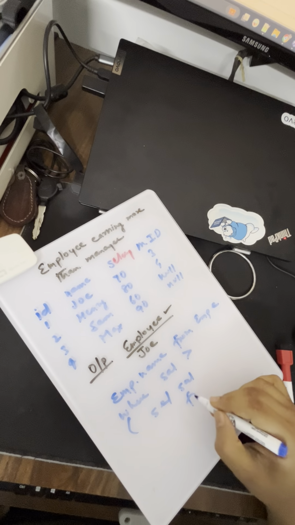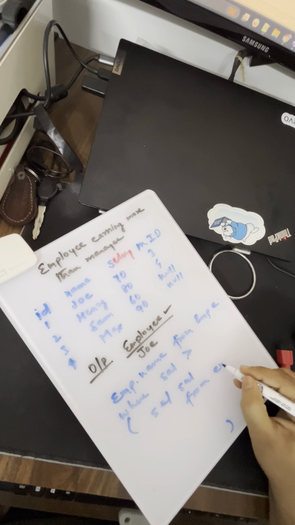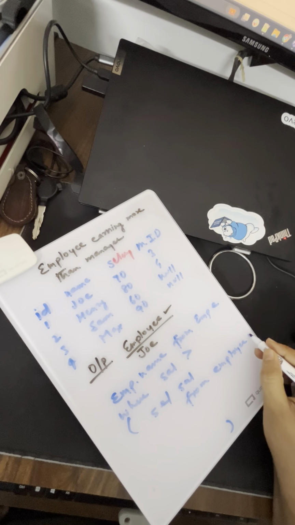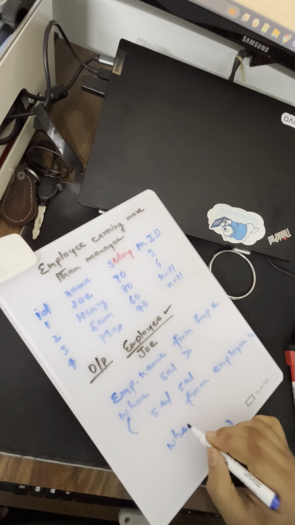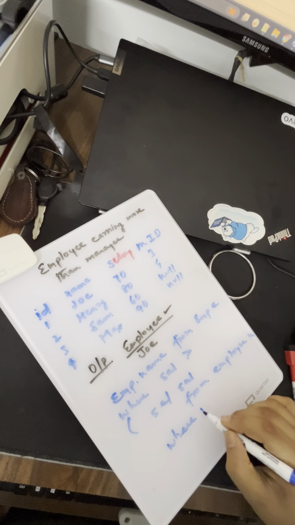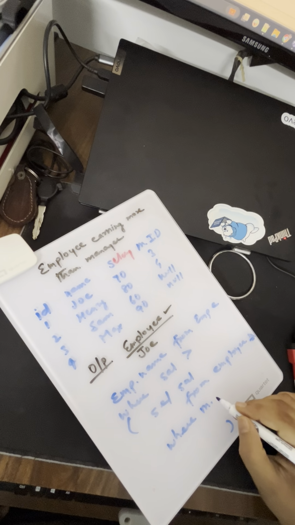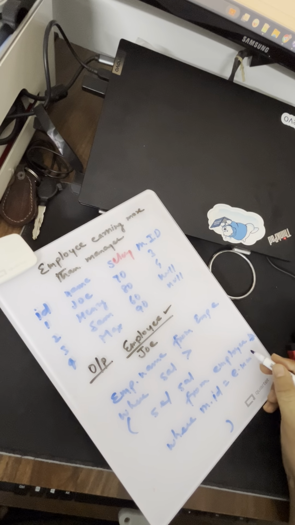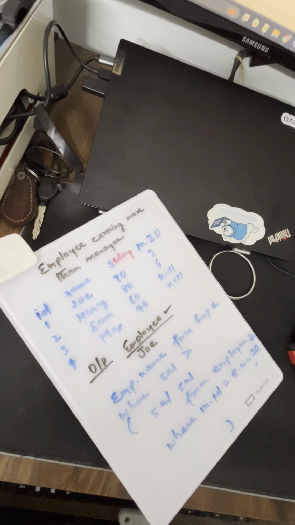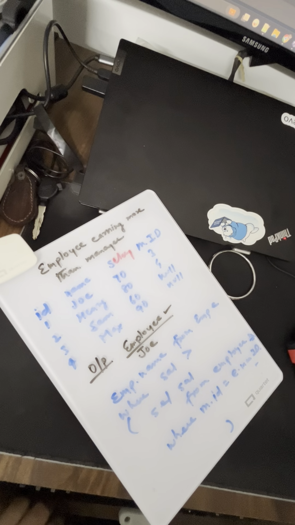Salary of manager. So it will be employee, keeping it as m for manager, on the condition where this manager's ID is equal to the employee's manager ID. That can also be one technique of solving this kind of problem statement. It's pretty simple. I just used a subquery to solve this problem, and it's working as expected.